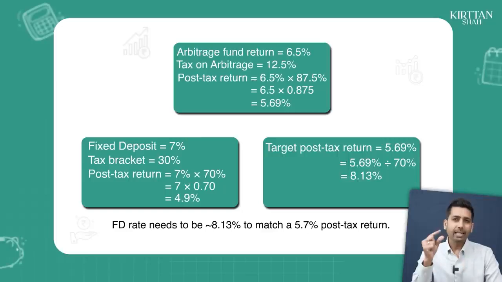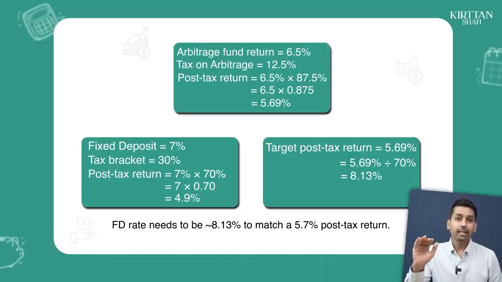So if your FD pays 8.13% and you pay 30% tax, you will get 5.69%. And in the arbitrage fund, if it makes 6.5%, you will get 5.69%. So 6.5% of arbitrage fund's return is equivalent to 8.13% of your FD's return.